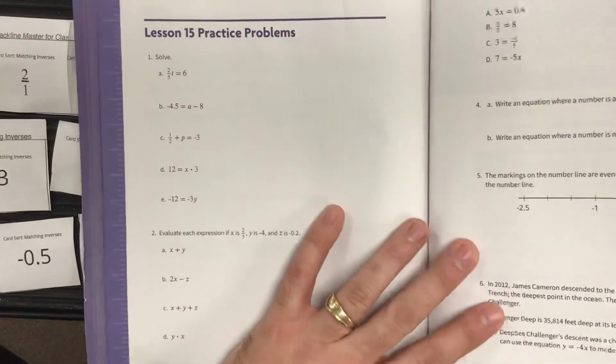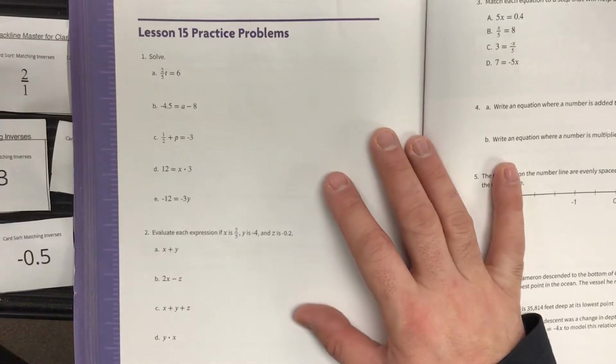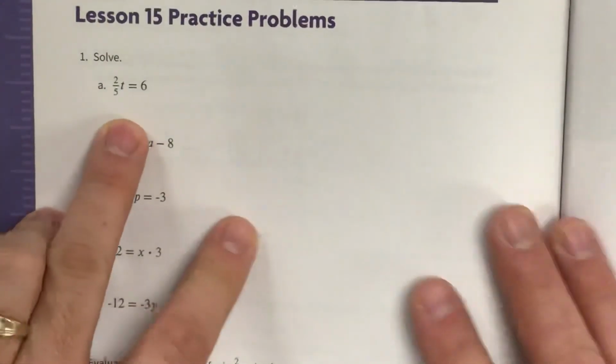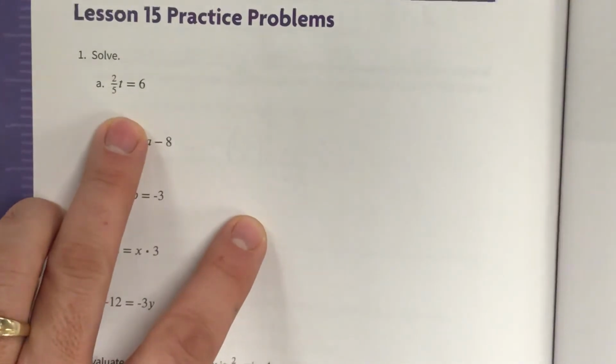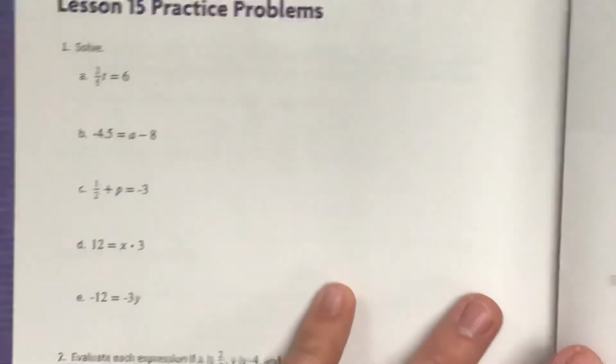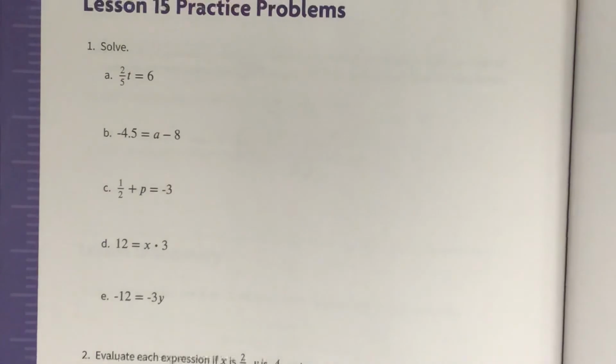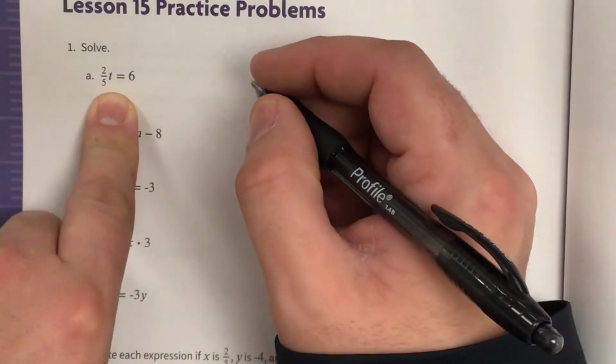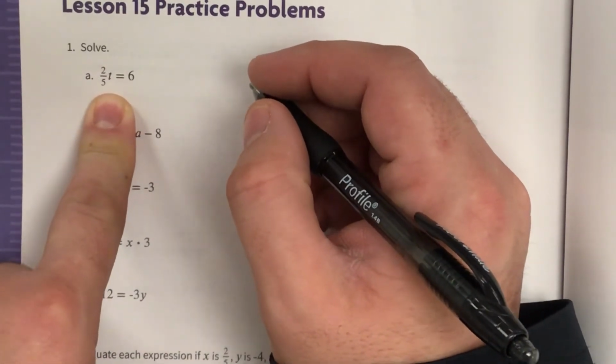Okay, again, solving to make it true. Again, the fractions make it a little more difficult. 2/5 times something is 6. So just to help you with that, right now, what am I doing to the variable? What am I doing to that letter? Multiplying it by 2/5.